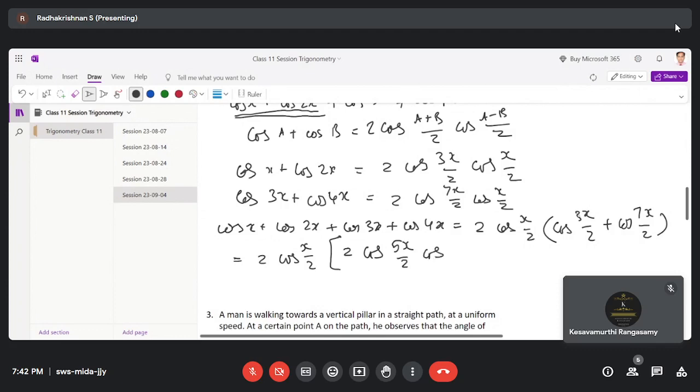Similarly, 3x minus 7x will be minus 4x divided by 2, so minus x. So already there is one divided by 2, so we are doing another divided by 2. Right. So it will be simply cos x.